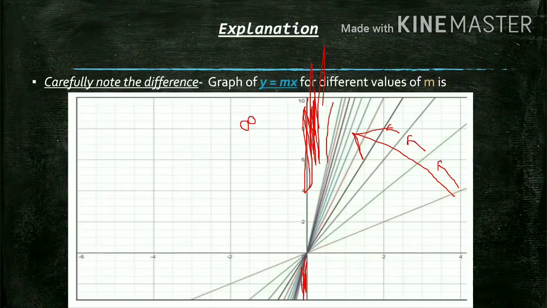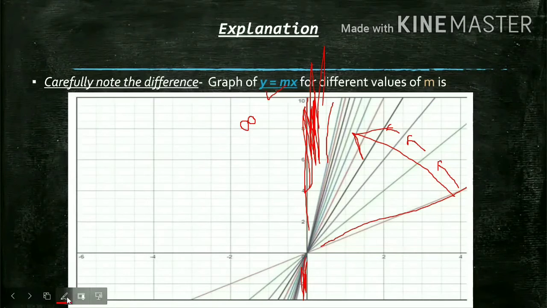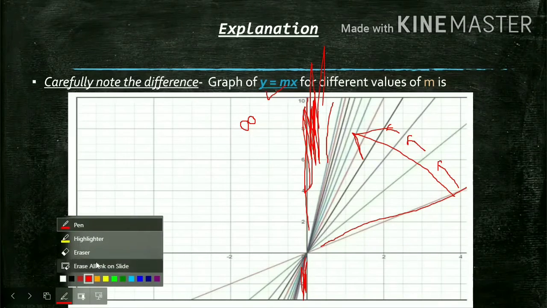If someone asks you to find the graph of y equal to mx and how it looks, you need not draw the points. You just need to draw y equal to x, and you can tell that as I increase the value of m, it will go closer and closer to this y-axis, right? I hope the graph is clear to you.